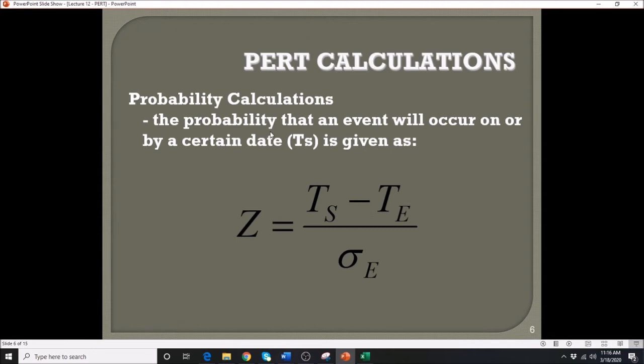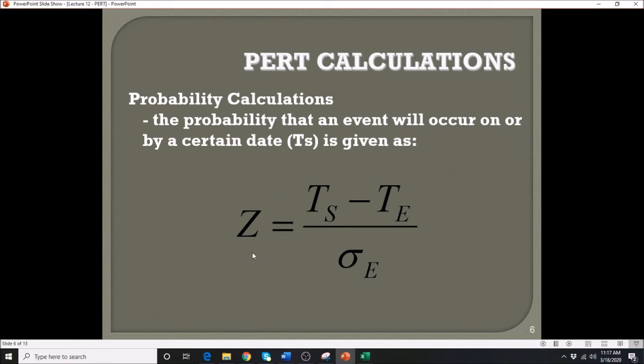All right, so again, once we have all those calculations, we will be able to calculate the z values. The z value is a value that will guide us to determine the probability that a particular time may occur, or the confidence whether a particular duration is enough to complete a particular job or activity.